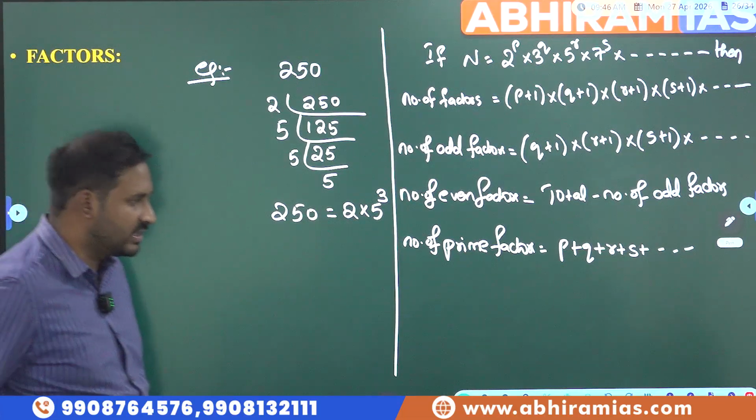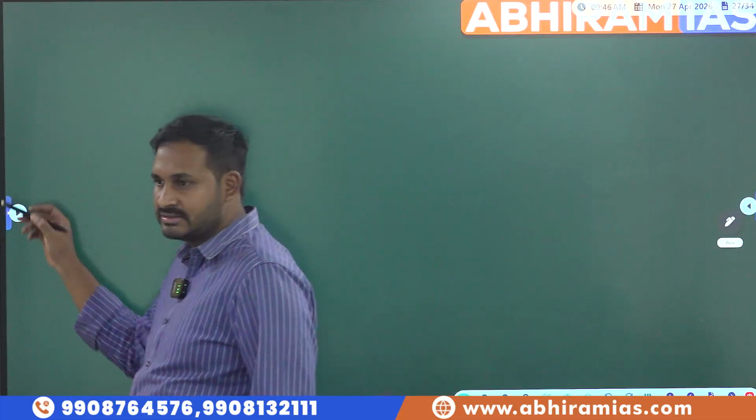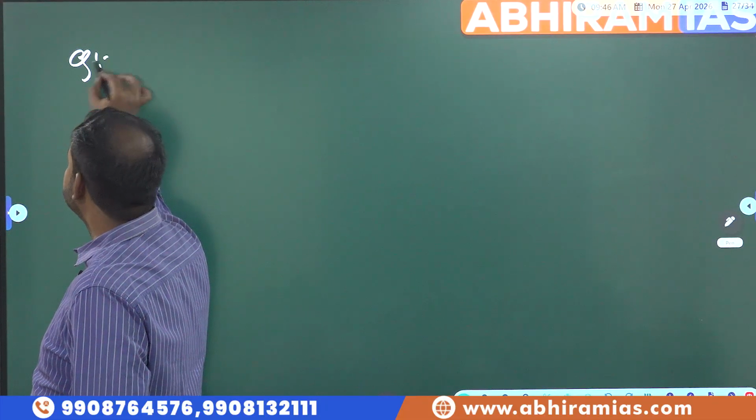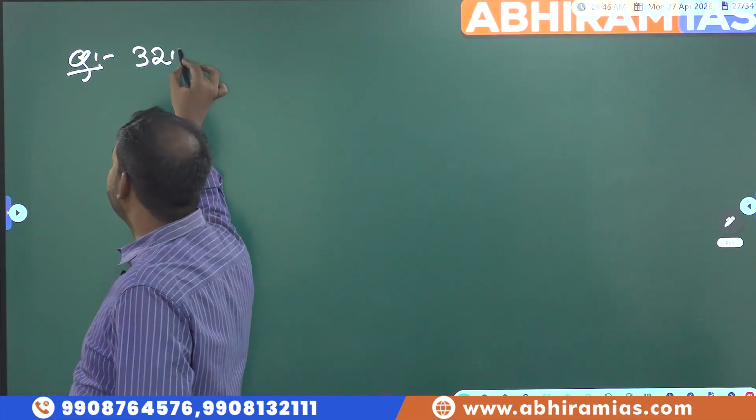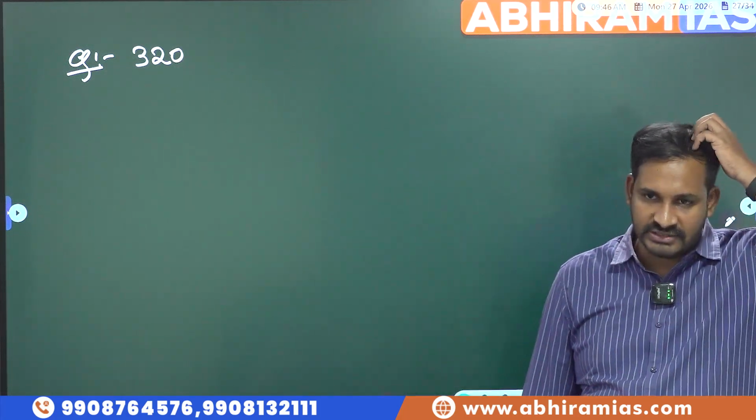Now we will take an example as 320. Please find out the total number of factors, odd factors, even factors and everything.